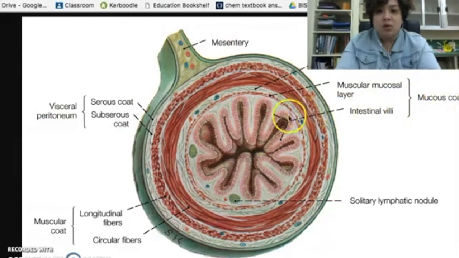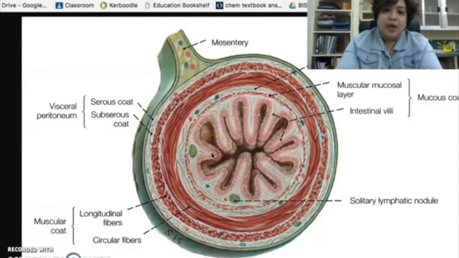You call it mucosa because the cells of your villi are also able to produce mucus. Underneath your mucosa, from here to here, is your submucosa. Sub means under.